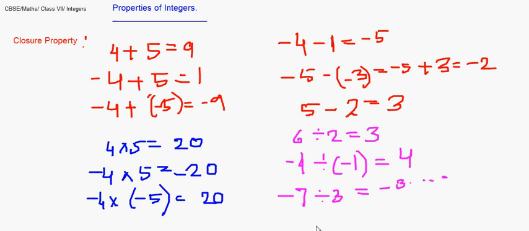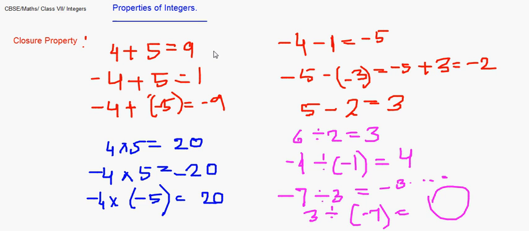Or even the other way around, if I am dividing 3 by -7, that will also not give an answer which is an integer.